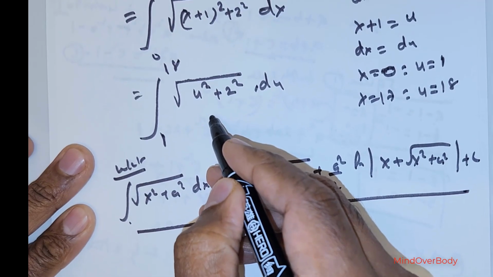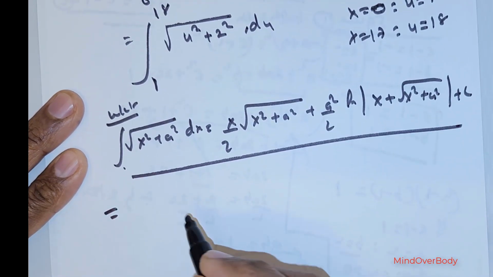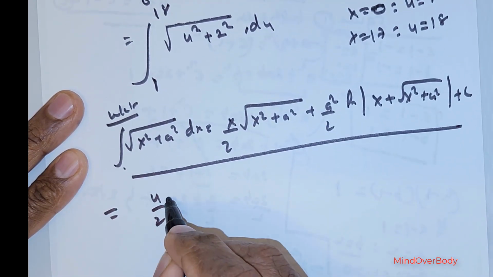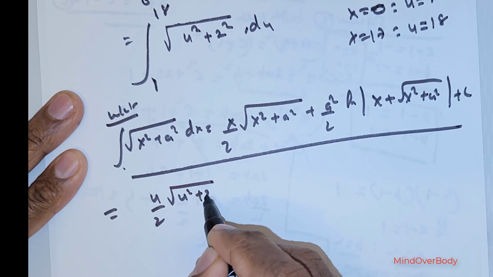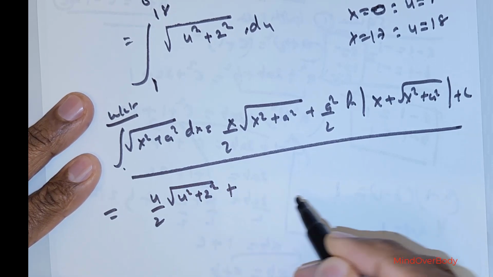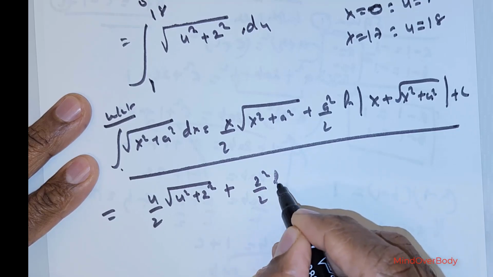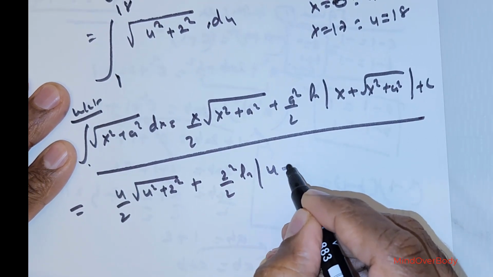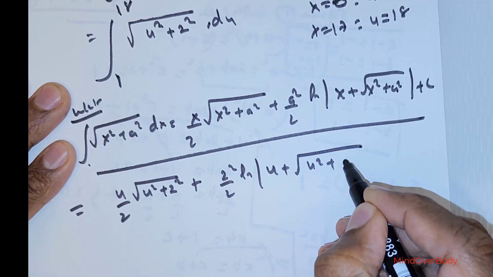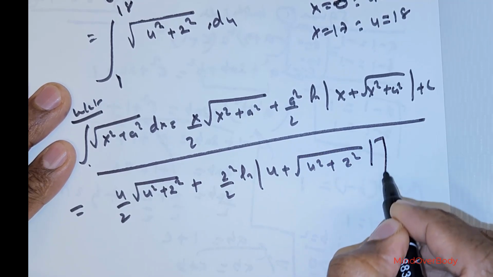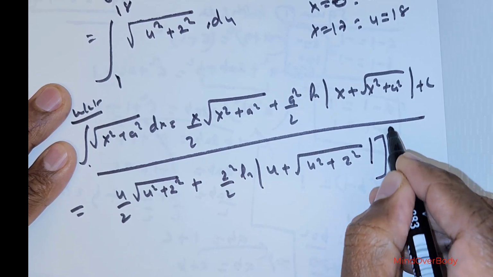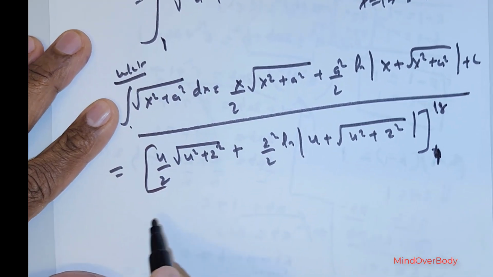So by this formula, if I apply this formula over here, this is going to be u over 2 root of u squared plus 2 squared plus 2 squared over 2 ln of u plus root of u squared plus 2 squared. Now the limits are 1 to 18, okay, 1 to 18.